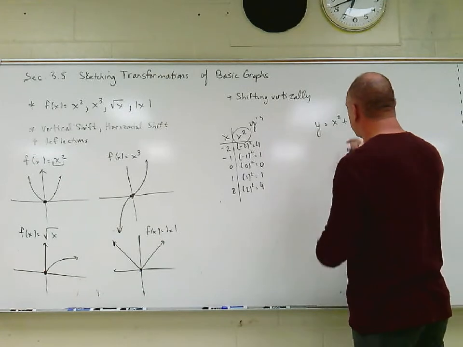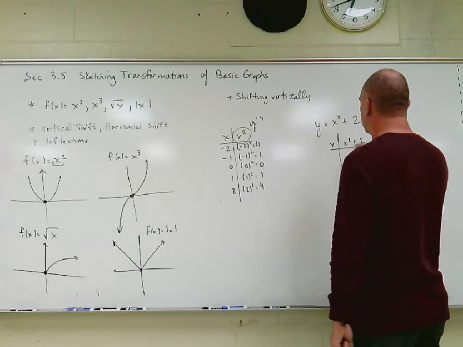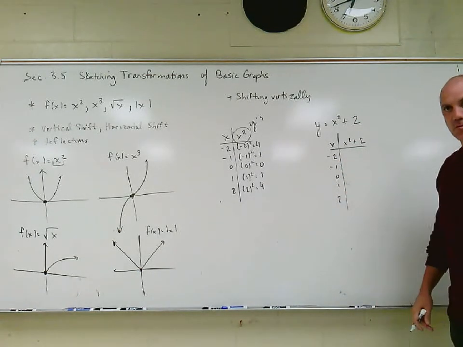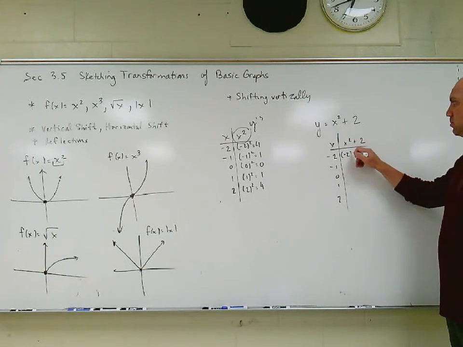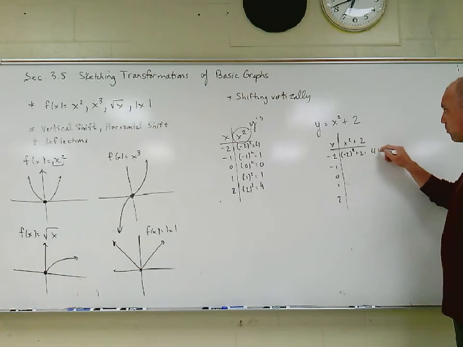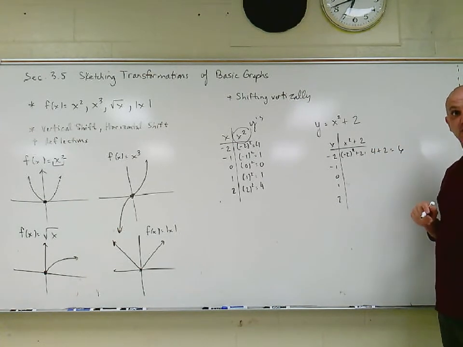Because look, if we made a t-chart for this one, I'll do the same x's, -2, -1, 0, 1, 2. Look what happens. When I plug in a -2, I still get 4, but it's 4 plus 2, which is 6. So it's not just affecting the y-intercept, it's affecting everything.